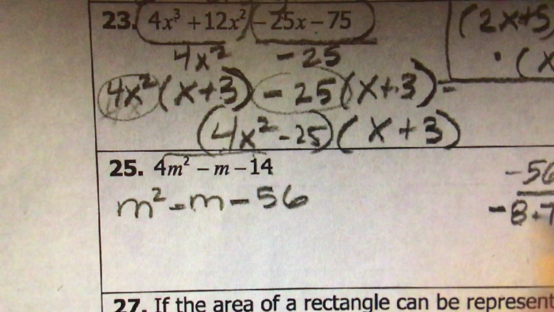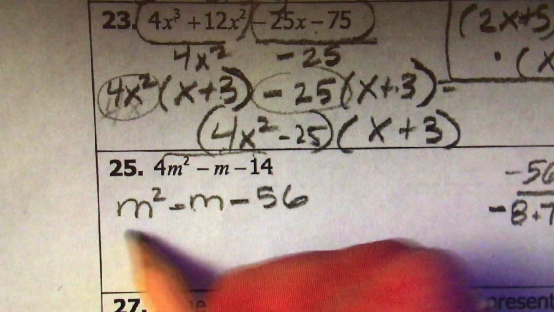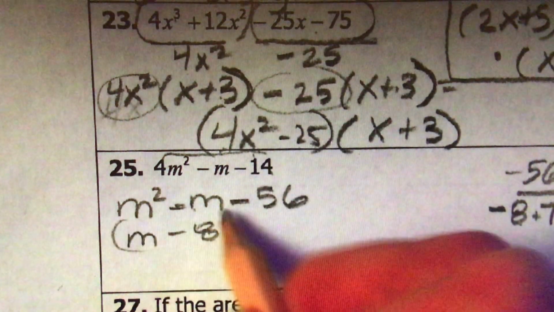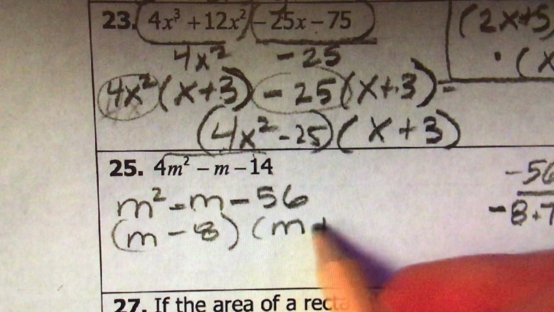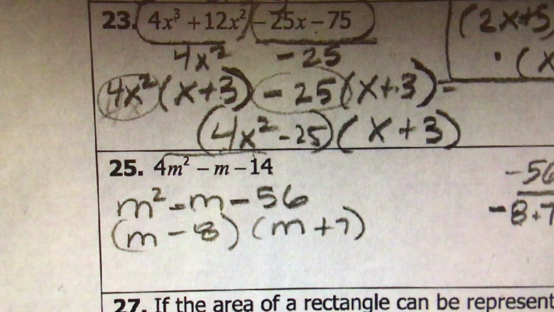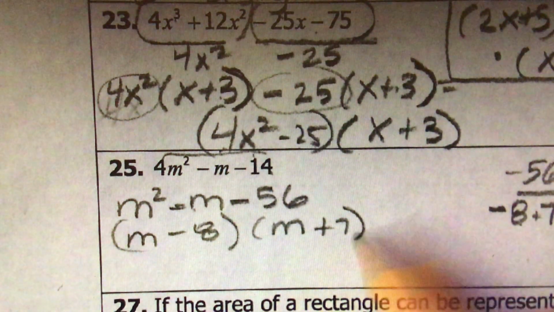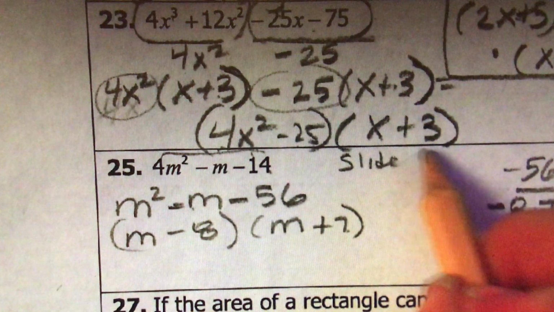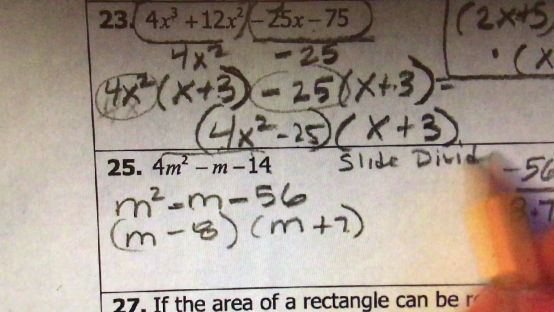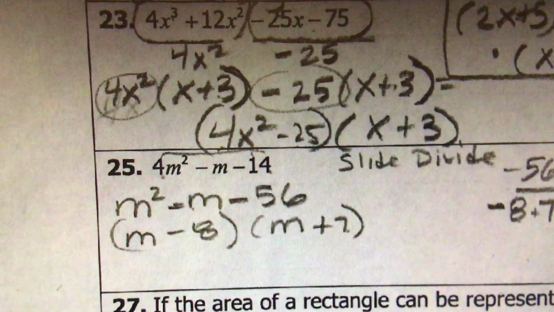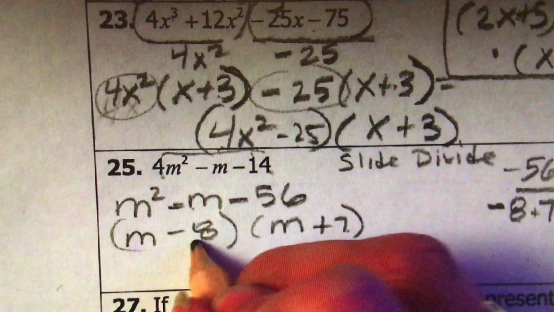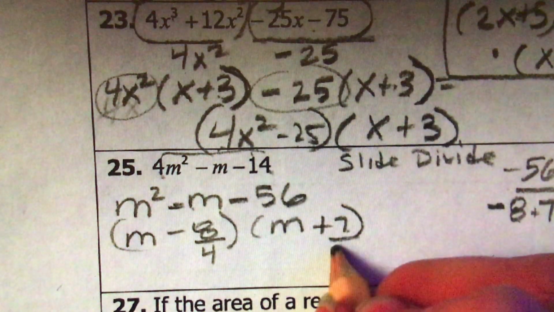Okay, terrific. So then this is going to be m minus 8, m plus 7. Am I done? I'm not, because I have to now go back. This is slide and divide. I have to go back to undo my 4 that I multiplied by the constant. So now I have to divide it over here to both constants.